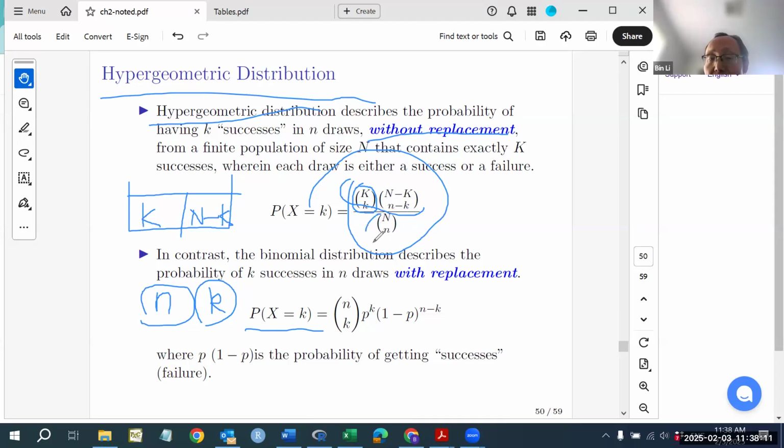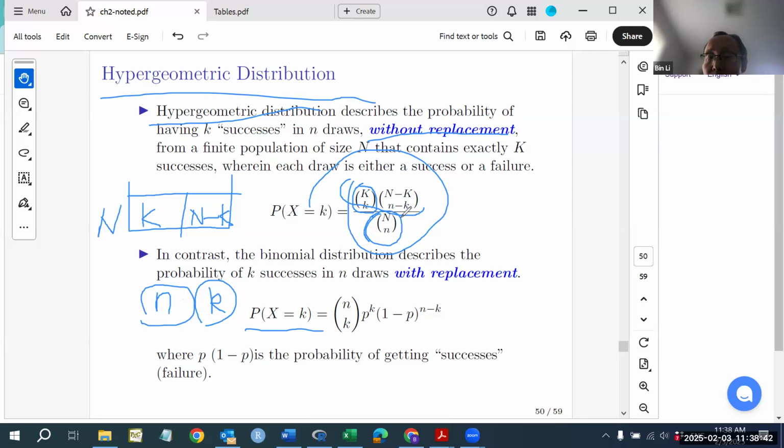But divide by what? Divide by capital N choose small n. So this is disregarding the k successes and n minus k failures. How many ways we can have from N choose small n without the proportion of red or blue, without the proportion of success or failure.